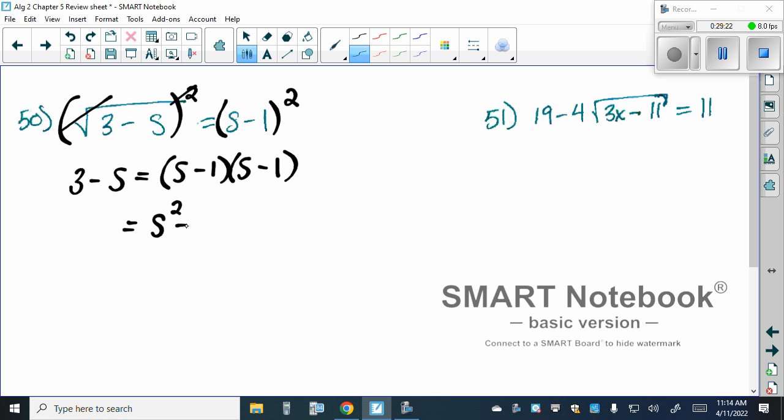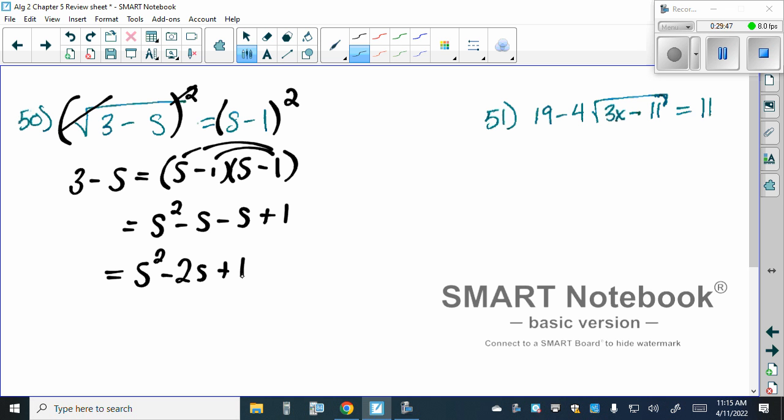But we could also say s times negative 1 is negative s. Negative 1 times s is negative s, and negative 1 times negative 1 is plus 1, which tells us that we have s squared minus 2s plus 1. If we see how those actually combine and we can do that all in one step, that's fine.